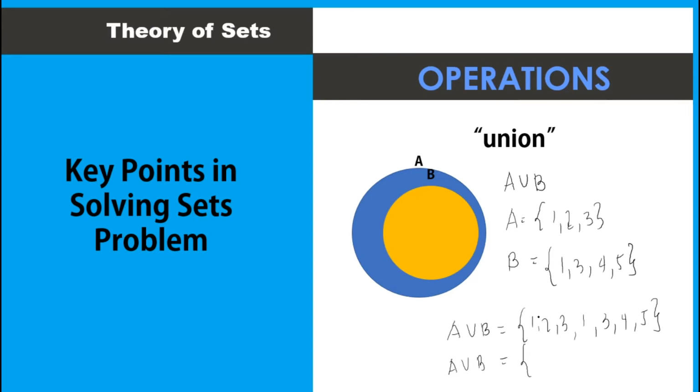For example, 1 and 1 are repeated, so we just put 1. We have 2, and 3 is repeated, so we write it as 3. We have 4, and we have 5. So the union of A and B is 1, 2, 3, 4, and 5. Basically, we just combine the elements of each set and write repeated elements only once.